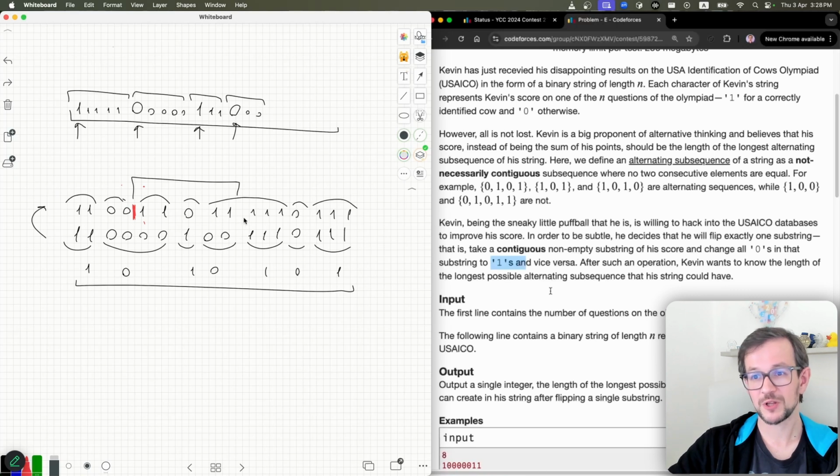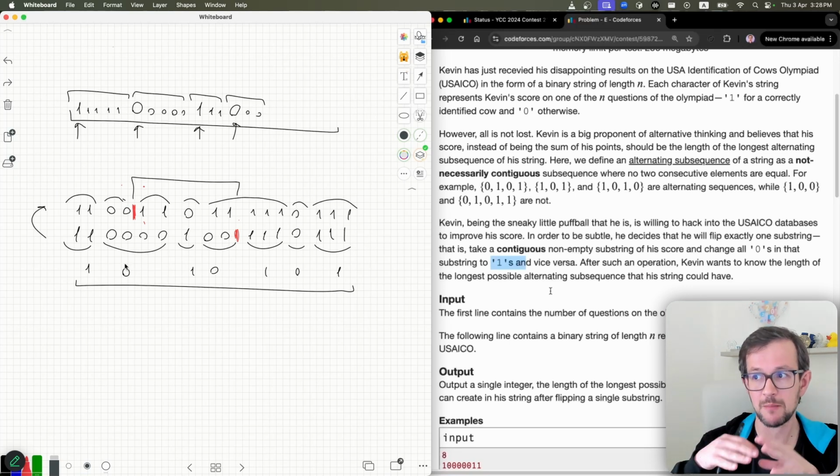What happened here? If my border is already between some blocks of equal elements, I basically remove this border. So how did the number of blocks change?